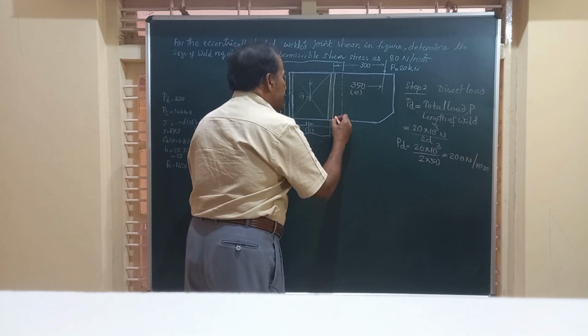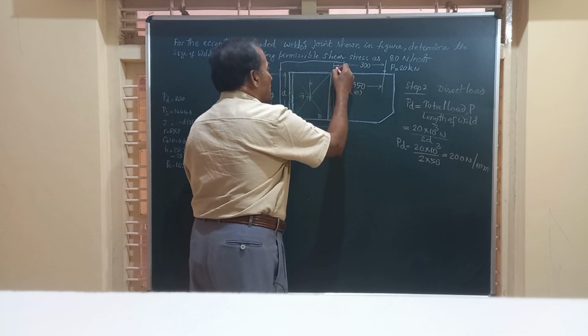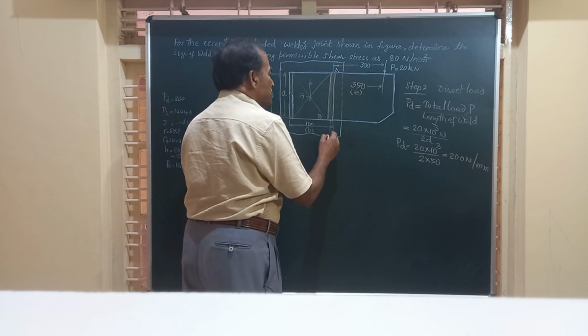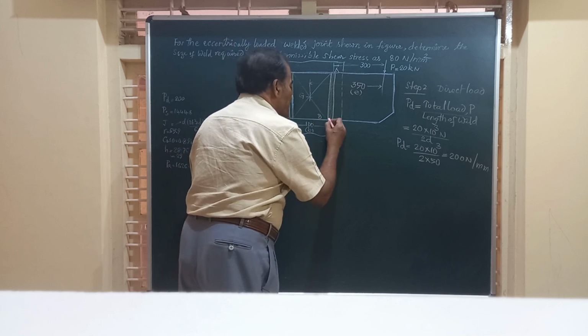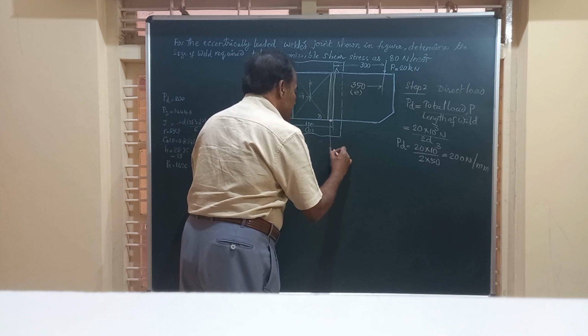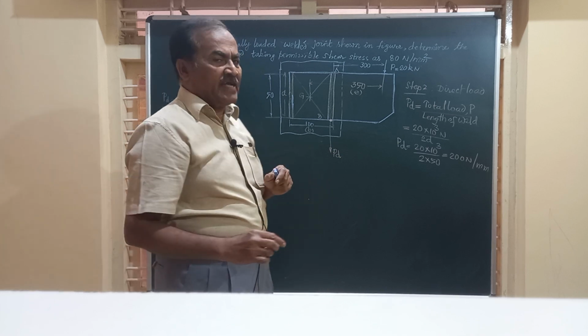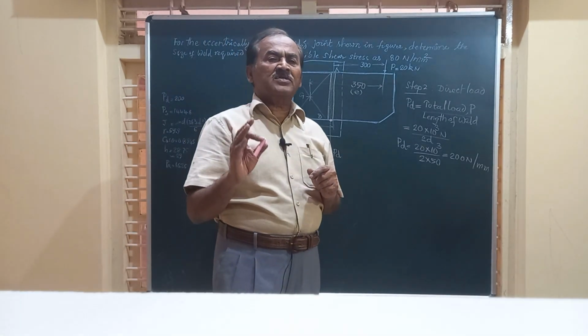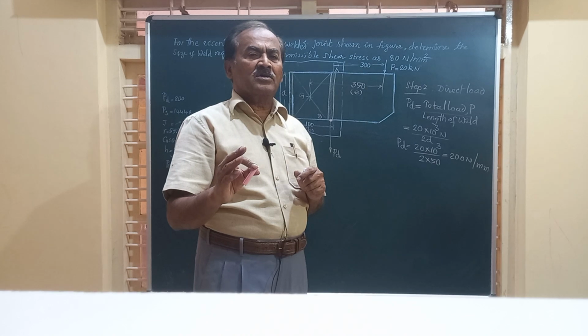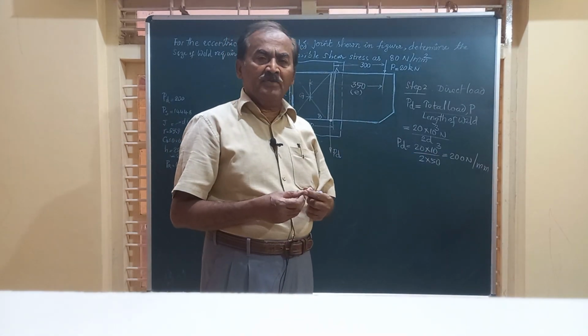Say this is point A and this is B. I will consider point B, and at this point B, I will show a load PD acting downward. So PD acts at the farthest end of the weld, and its value is 200 Newton per millimeter.